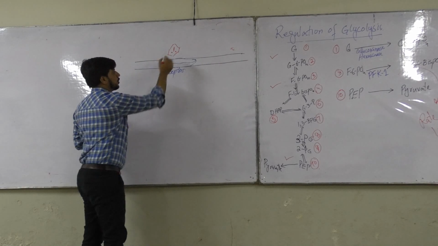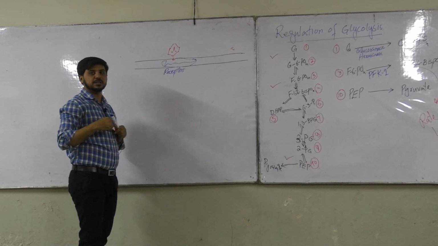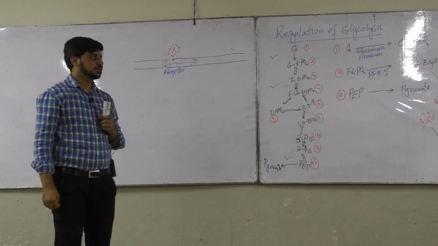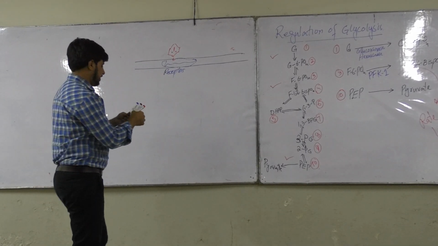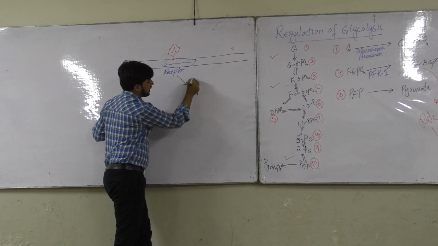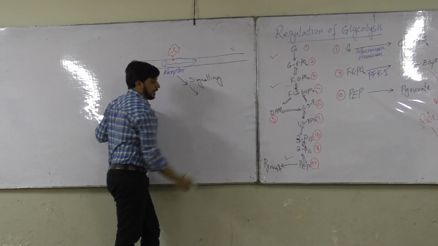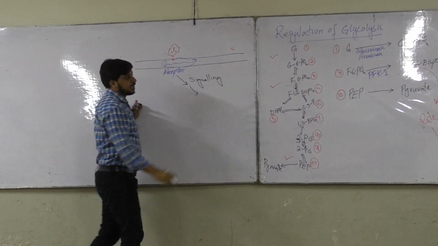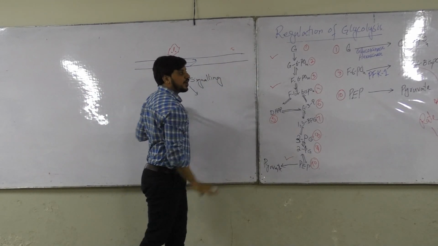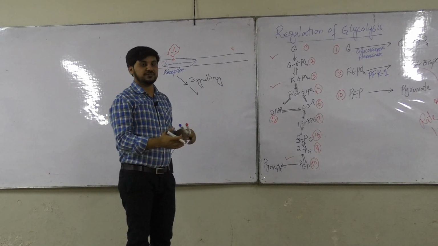When it becomes attached to this receptor, there will be a signal cascade. As a result of that signaling, the phosphatase domain of phosphofructokinase 2 will become active.